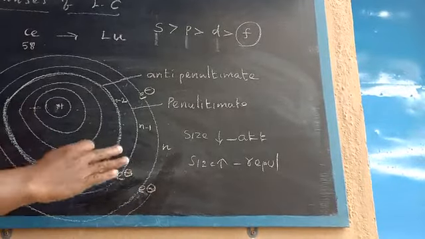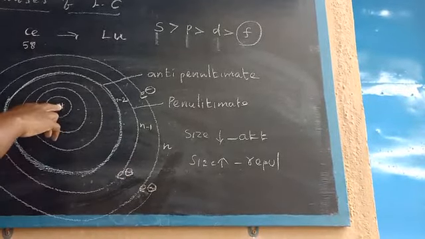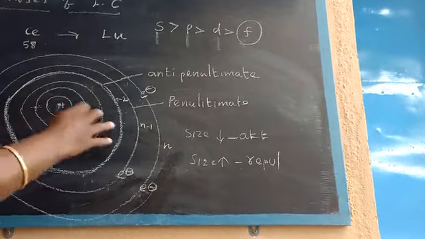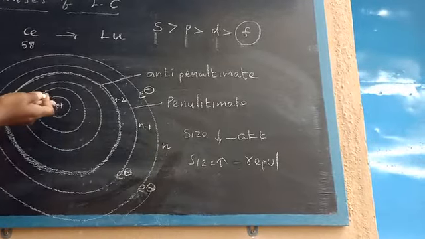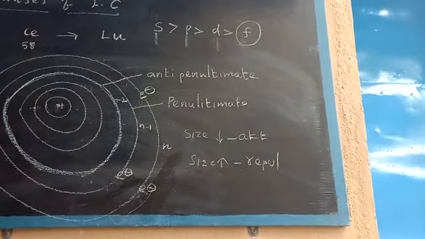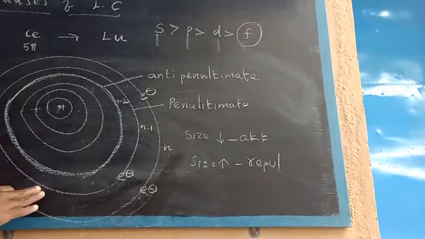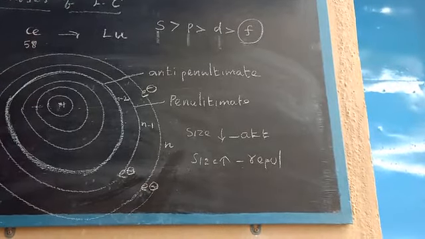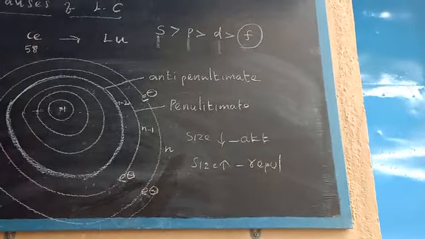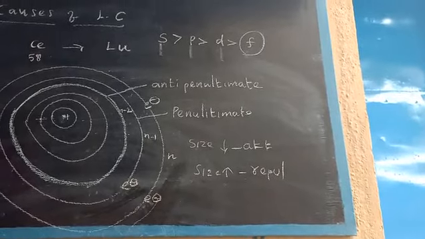So due to poor shielding effect, positive and negative attraction takes place, so the size moves towards the nucleus and decreases. This is the reason for the lanthanide contraction. This is the cause of lanthanide contraction. Can you understand, children?